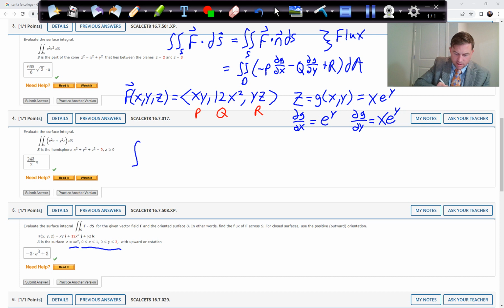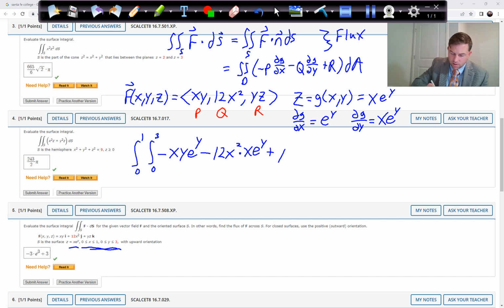So we're going to write this as dy 0 to 3, dx 0 to 1 from down here, of negative p, which is going to be negative xy, times dg dx, dg dx is e^y, minus q, q is 12x squared, times dg dy, which is times x e^y, then it's plus r, according to this formula, r is y times z.